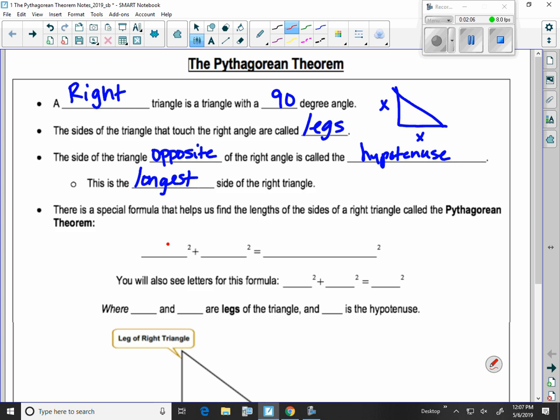It's a squared plus b squared equals c squared, where a and b are the legs of the triangle. Those are going to be the shorter sides, and c is your hypotenuse.